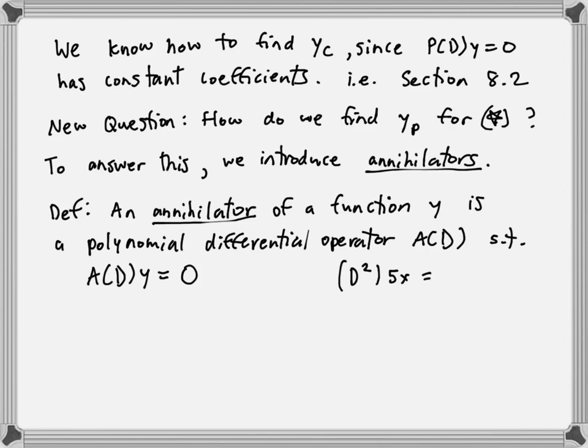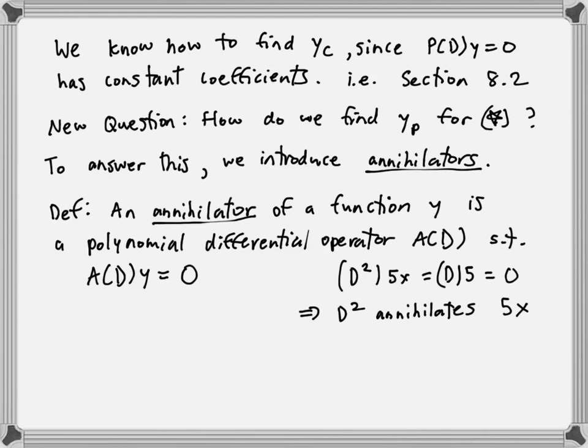Well, if you take a derivative of 5x, that leaves you with 5. And then if you take a derivative of 5, you get 0, right? So what does this mean? This means that D squared annihilates the function 5x. That's just an example of an annihilator.